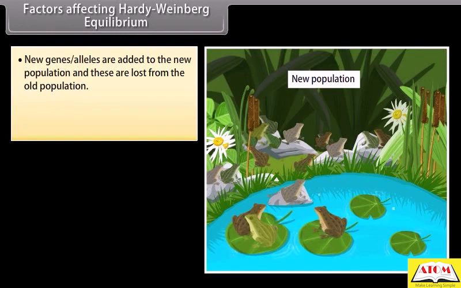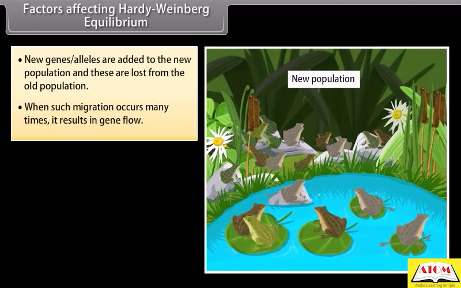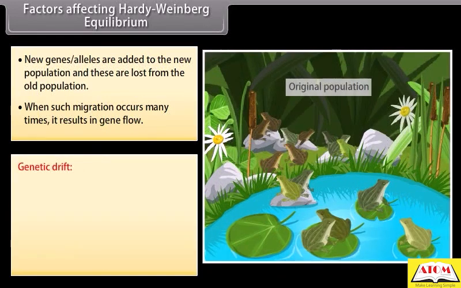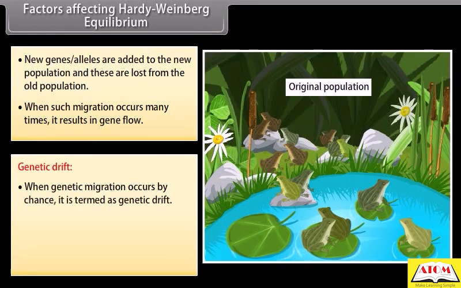New genes, alleles, are added to the new population and these are lost from the old population. When such migration occurs many times, it results in gene flow. Genetic drift: when genetic migration occurs by chance, it is termed genetic drift.